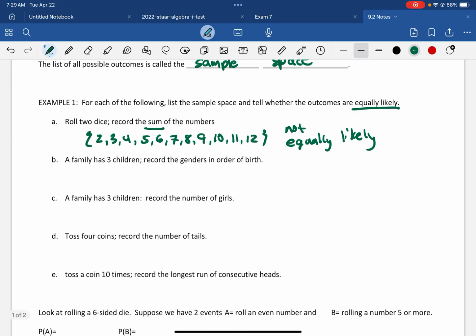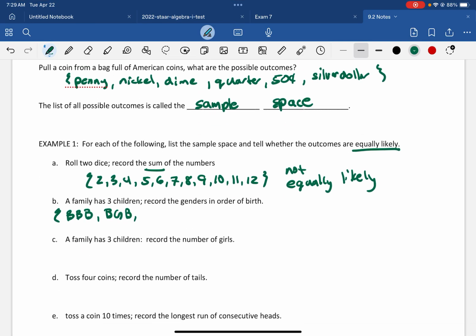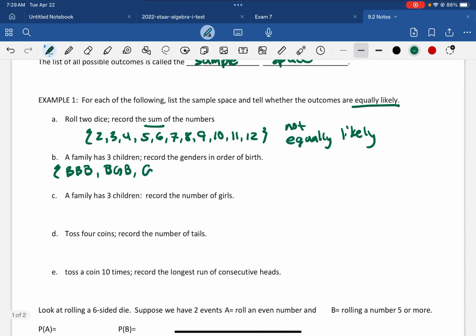A family has 3 children. Record the genders in order of birth. Well, you could have boy, boy, boy. You could have boy, girl, boy. You could have girl, boy, boy. Could have boy, boy, girl.